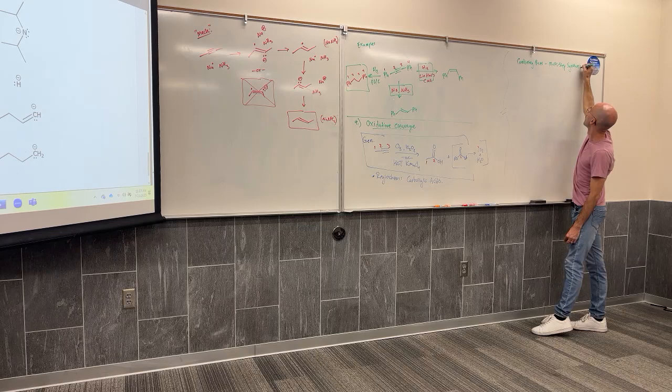If I had done metal ammonia reduction, I would have gotten a trans alkene, and the anti-addition onto that trans alkene, the stereochemistry will be wrong.